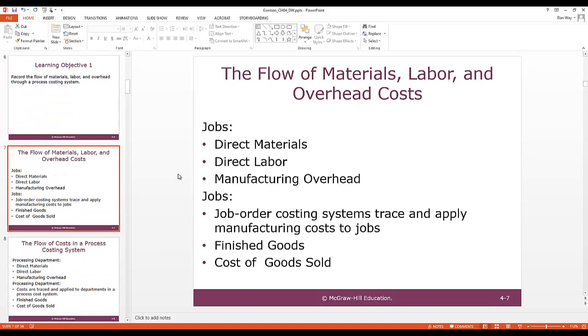So in our job order costing system, if you'll recall, we had materials, labor, and overhead that we applied or assigned to different jobs. And then we traced, again, the cost of those individual jobs through our system through work in process to finished goods and eventually out through cost of goods sold.